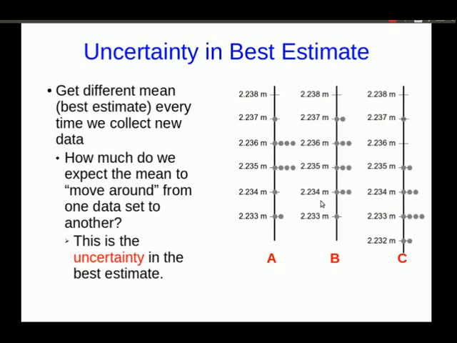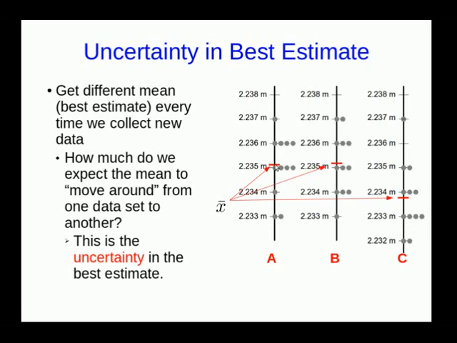You don't expect it to wiggle around very much. You could believe these are measurements of the same door. But now, if you were given these measurements by someone else, I would hope you would look at it and say, gee, I don't really think you were measuring the same door. Look, the whole set of measurements seems to have shifted down. So here are the means of these first two, the second one, the third one.